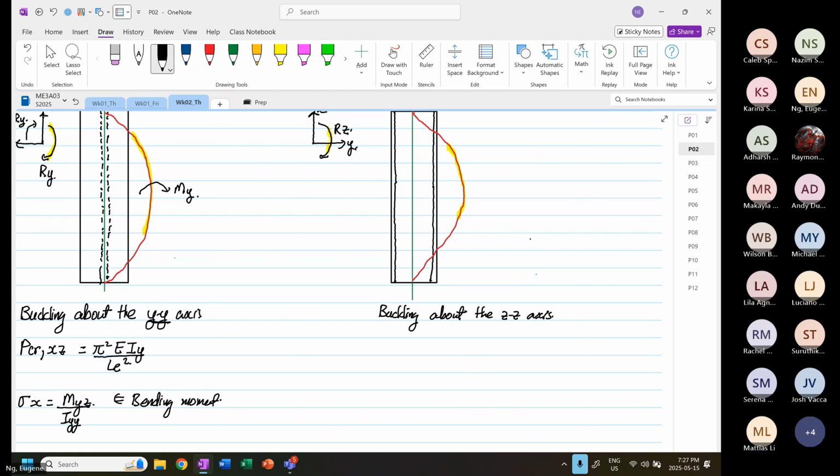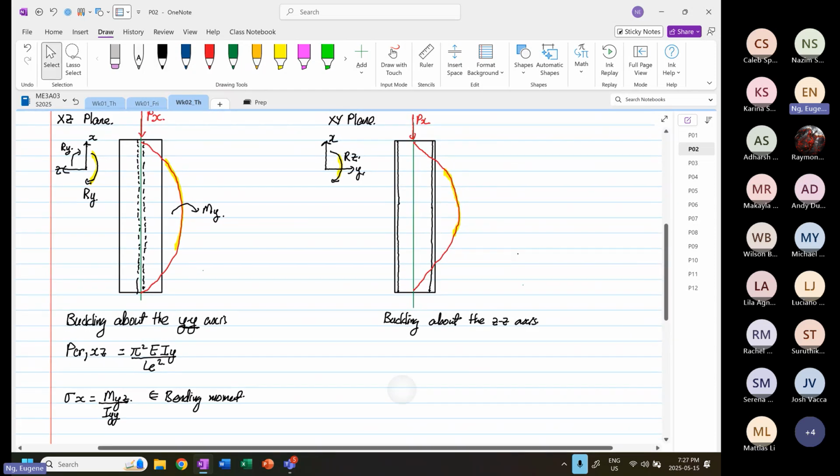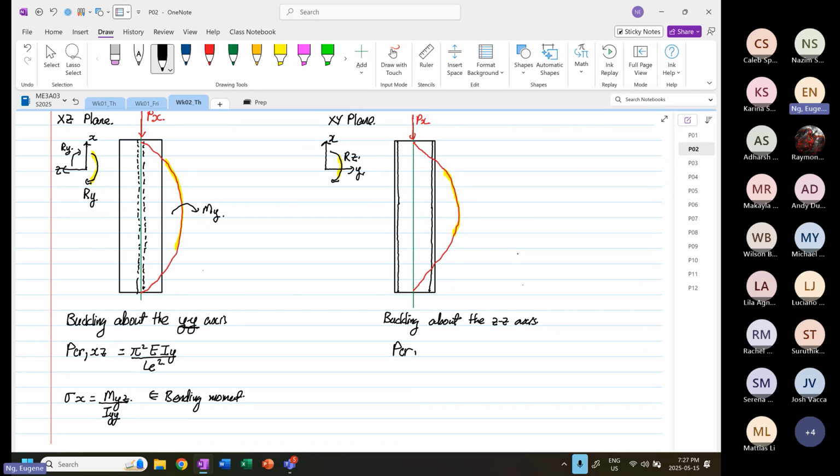When we calculate this, PCR in the XY orientation is equal to pi squared E IZ over LE squared. You see the difference now.